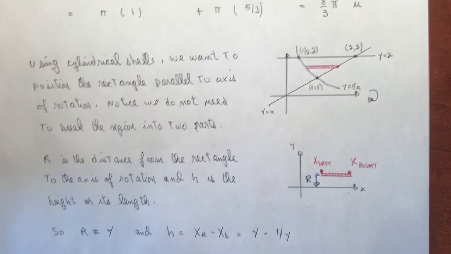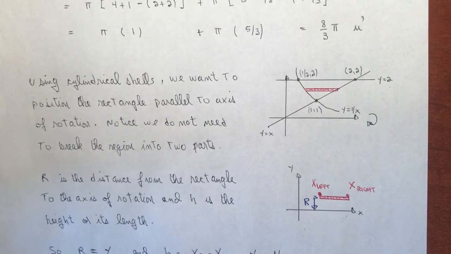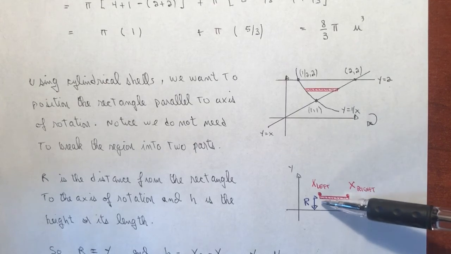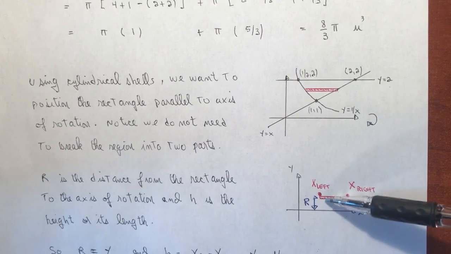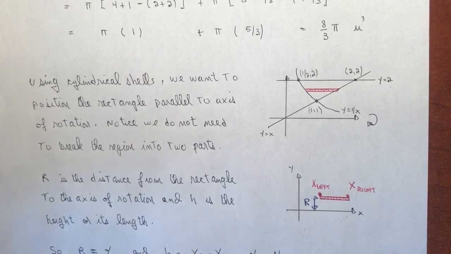Okay, so in this little part of the course, we have learned that big R is the radius, and it's also the distance from the rectangle to the axis of rotation. That's big R right here, distance from the rectangle to the axis of rotation. As for the height, h is the length of the rectangle, which in this case will be x right minus x left.